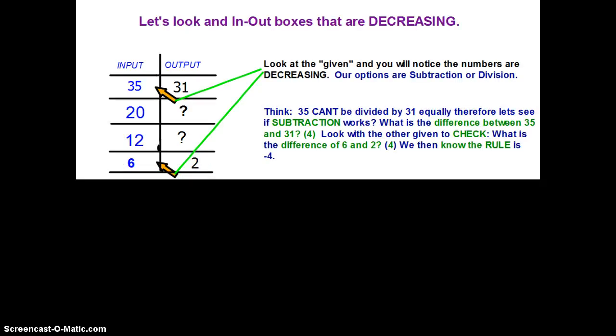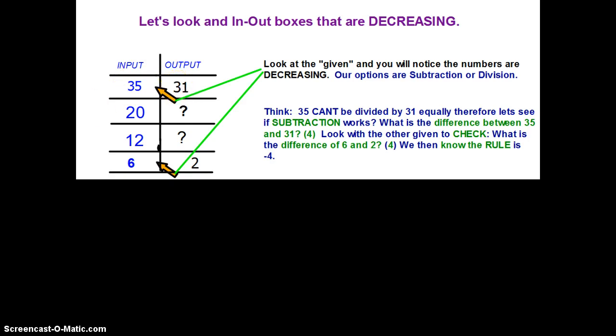Okay, here I have another set of input numbers, but it looks like they seem to be decreasing. They're getting smaller. So remember that our options for when numbers get smaller are subtraction or division. I know that 35 can't be divided by something to a number we can work with to get 31.